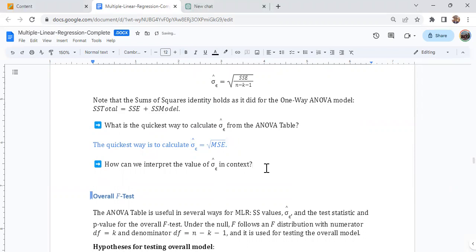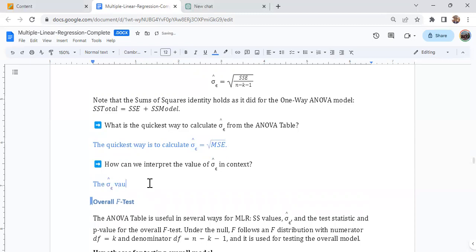And how can we interpret this in context? According to the Stat2 textbook, which I trust, they indicate that this value right here gives the typical size of a residual, or in other words, residual or prediction error.